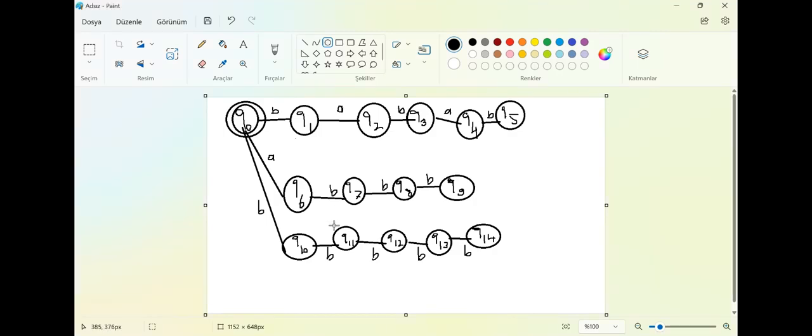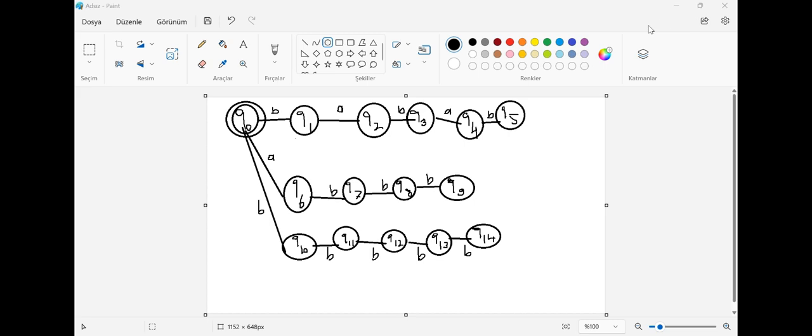Okay, now it is the fifth question. What is the fifth question? Give the state diagram for an NFA that recognizes strings w where w contains at least one instance of BAB, or this.